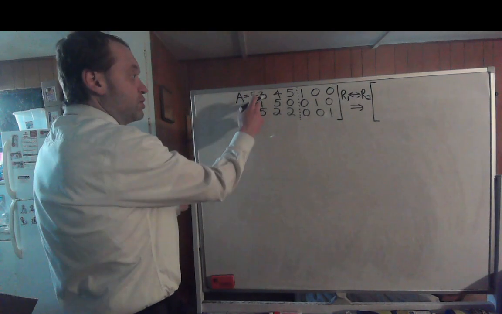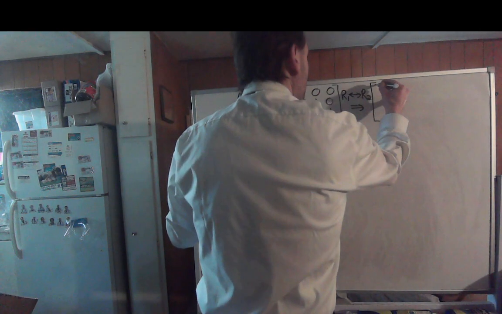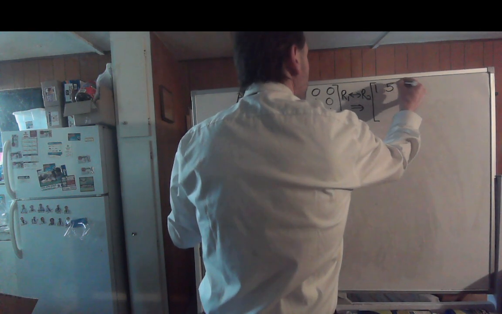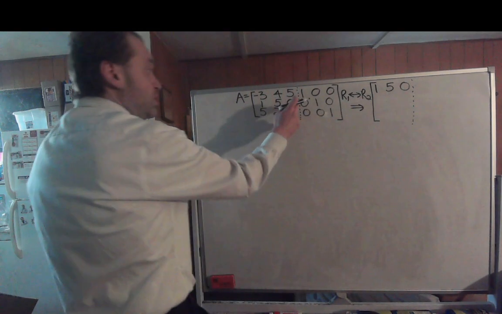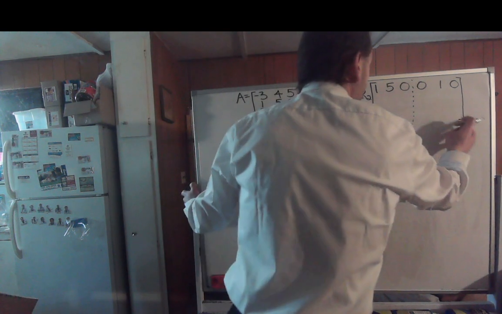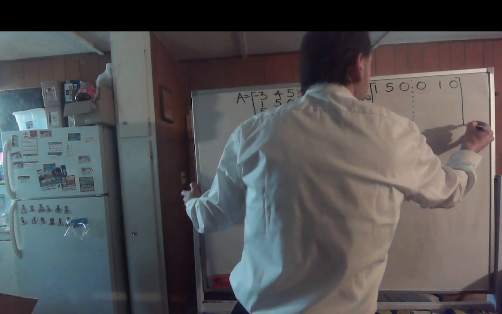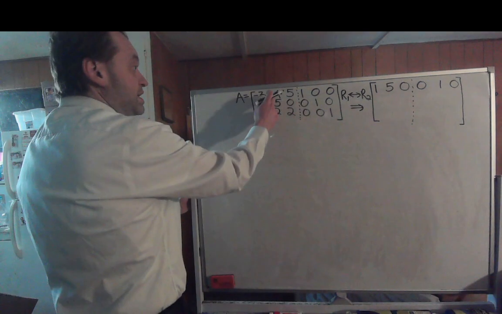So if we switch rows 1 and 2 around, row 2 becomes row 1, you'll get 1, 5, 0. But that means everything to the right of the double augmented line also switches places. So it'll become 0, 1, 0. Then you still have your 2 other rows. Let's see, your row 1 becomes row 2.